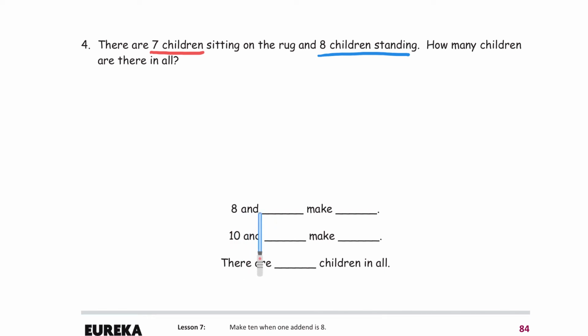Then you're going to put 8 plus, right there, 7. 8 and 7 make, and then what's our answer? 10 and make, well, there's our answer. So 10 and, so we have our group of 10, and then whatever we have outside of our group of 10 is what we add in. And then our final answer, there are children in all. So again, if you're not sure what to do, go back to number 1 and review what we did there.